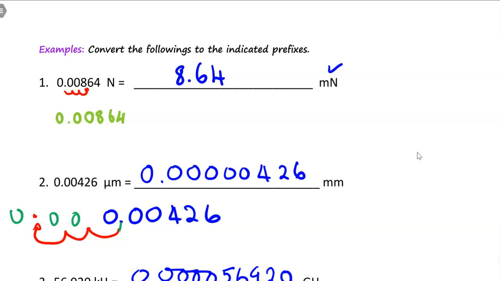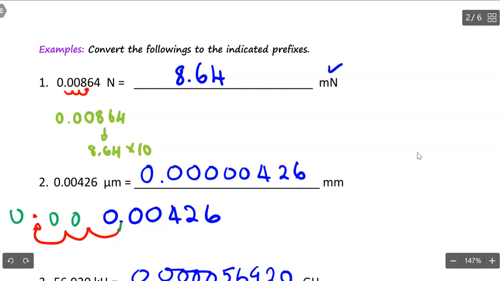So that means that it has to be 10 to the exponent of minus 3. Okay, so what you can do first is you are going to convert this one into the 8.64 times 10 to the negative 3. Is that right? You convert this into a scientific notation number, and then your 10 to the negative 3 is in fact equivalent to your millis.